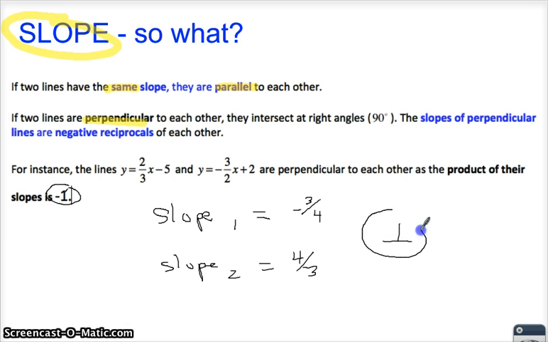Those are perpendicular, because -3/4 times +4/3 happens to be the magic number -1. Another way to say that is that they're negative reciprocals of each other. So you look at numbers like -3/4 and +4/3: they're upside down from each other and one of them is negative. If they're upside down and negatives of each other, they'll be perpendicular.